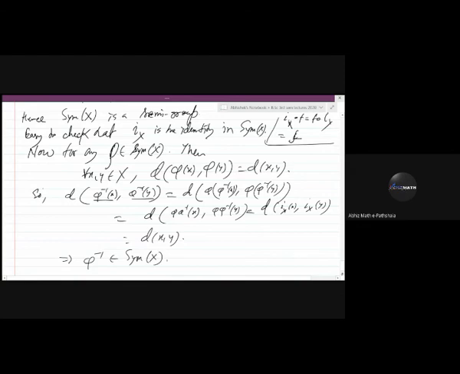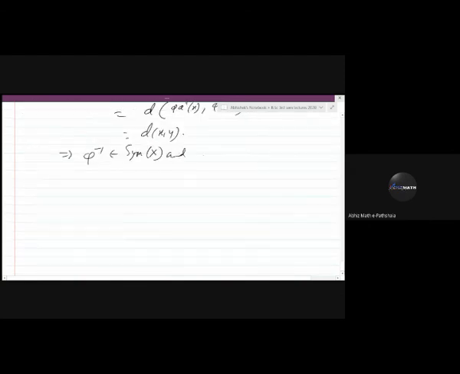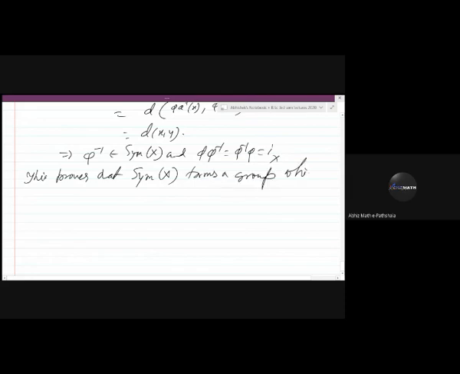So phi inverse belongs to Sym X, and phi inverse phi equals identity. Hence this proves that Sym X forms a group, which is called the group of symmetries of X. Okay, with this I would like to end here.